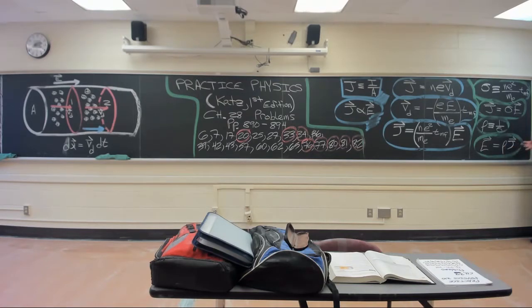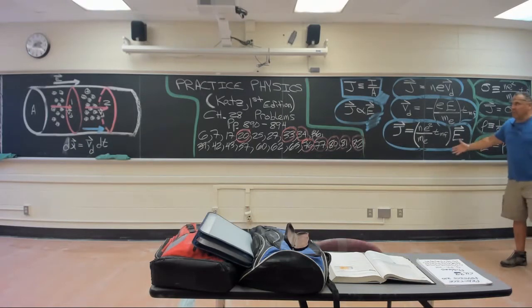The material just doesn't want to conduct electricity that well. If rho is a big number and J vector is still a big number, despite the fact that rho is a big number, because rho's fighting it, then when you multiply them together, you've got to have a huge E field for there to be a lot of J vector in the face of a lot of resistivity. So that's some of what they're talking about.